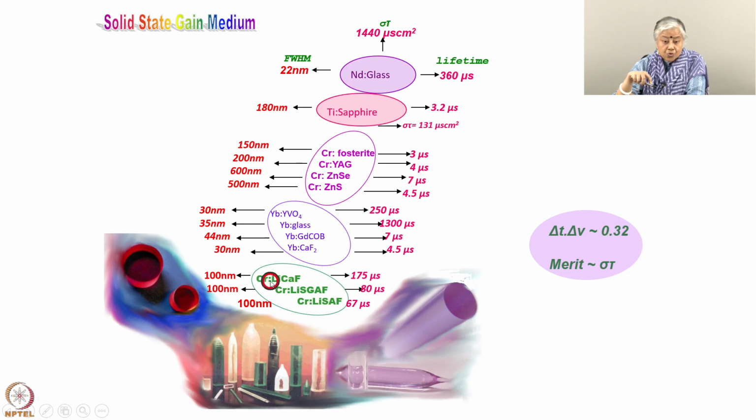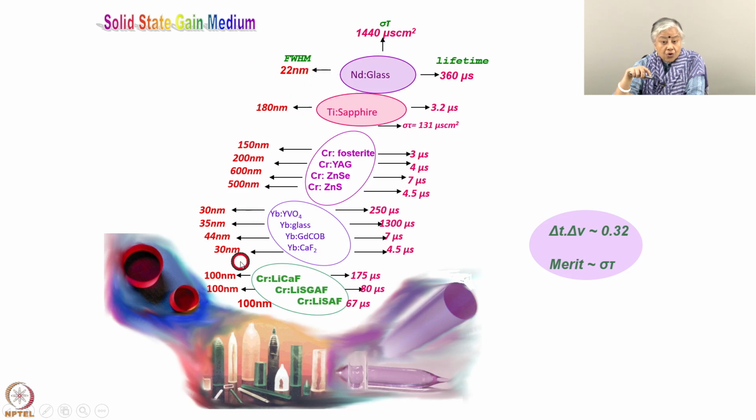See, there is chromium LiSAF. There is ytterbium glass, ytterbium YVO4, there is chromium forsterite, chromium YAG, and so many crystals and glasses which have been developed over the years, and all of them have kind of reasonable bandwidth. If you see, the bandwidth here is 30 nanometers, much more than that of glass. Glass full width half maximum of that gain bandwidth or the spectral range is 22 nanometers.